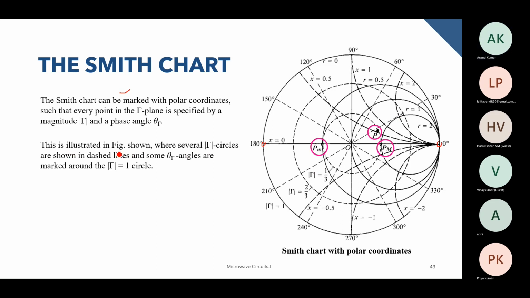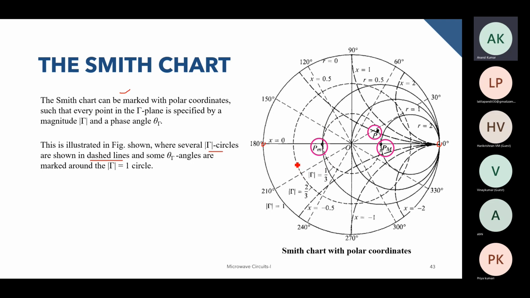Now, this is illustrated in this particular figure, where the several gamma circles are shown in dashed lines. In the previous chart, we did not have the gamma lines drawn, but now we will draw the gamma lines as well.